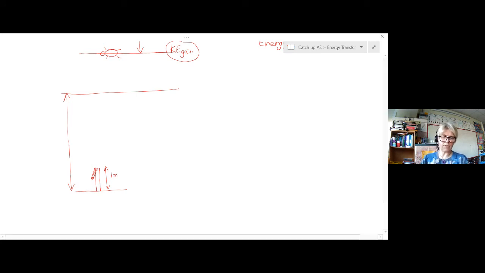Well, you can look at it in terms of energy transfers. If I pull this spring hard enough from the top of the ruler, or a rubber band from the top of the ruler, then you're going to give it elastic potential energy.